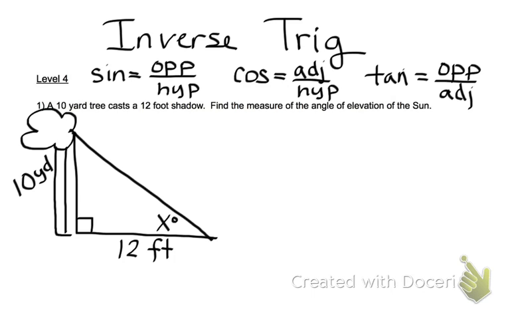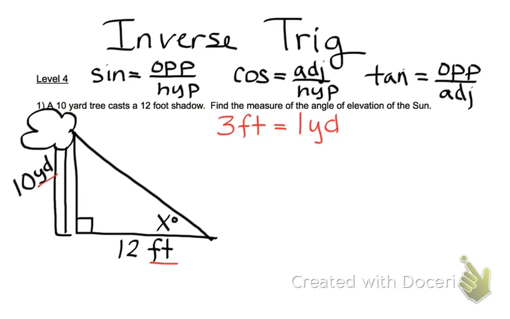The reason why this one is a level 4 problem is if you look at our units, we have feet and we have yards. In order to solve this problem, we have to have the same units. What I do know is that 3 feet is equal to 1 yard.